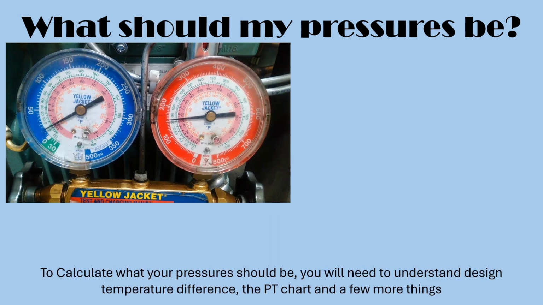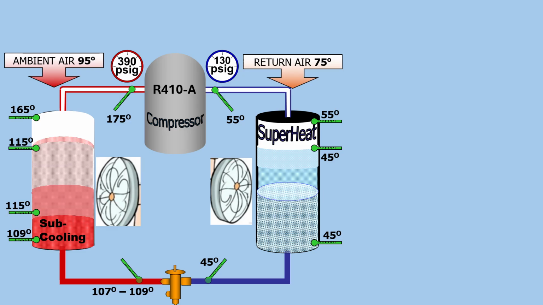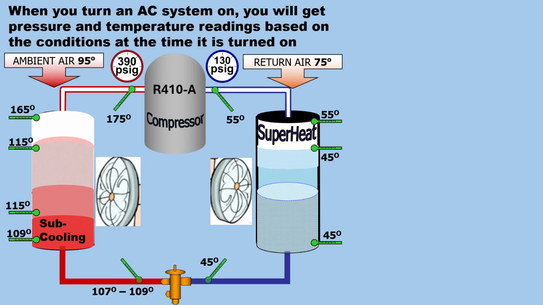To calculate what your pressure should be, you will need to understand design temperature difference, the PT chart, and a few more things. When you turn an AC system on, you will get pressure and temperature readings based on the conditions at the time it is turned on.